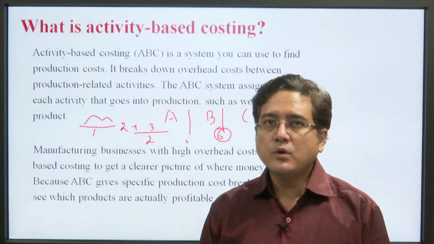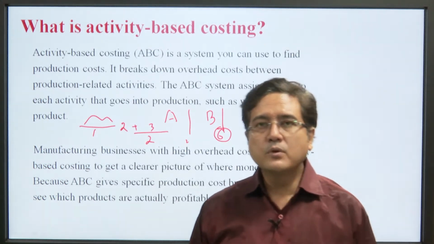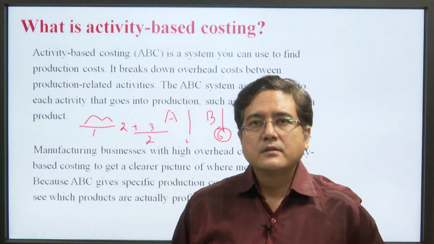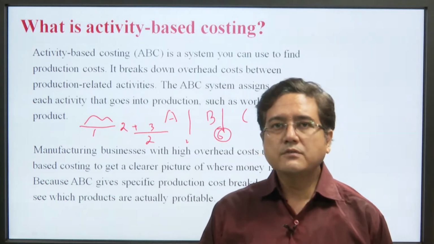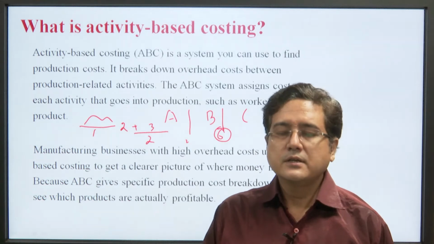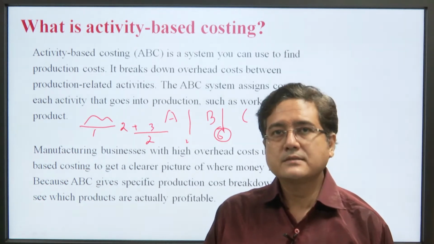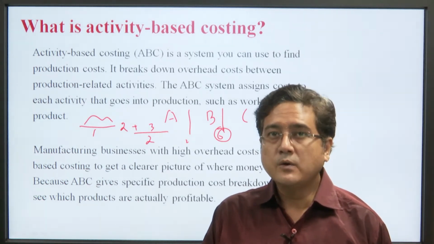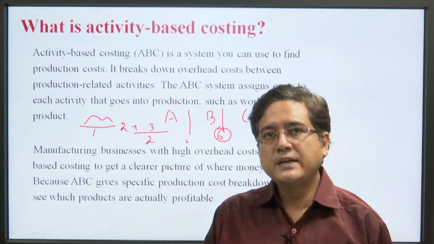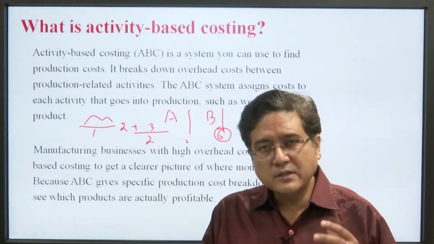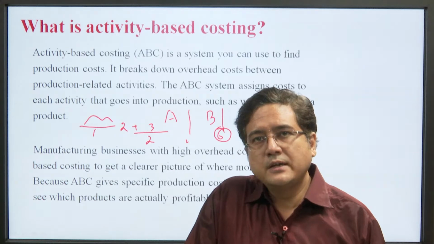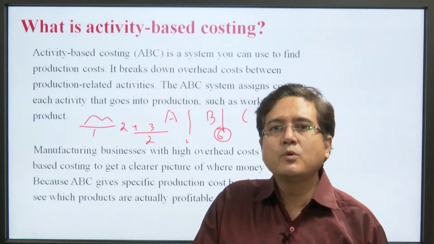If you have a low cost, then you can earn more and more profit, because you cannot change the sales price. Nowadays there is a huge level of competition among products. There are very few products in the market which have their own monopoly.